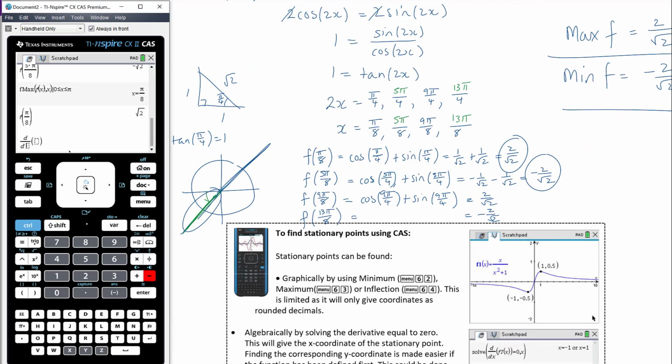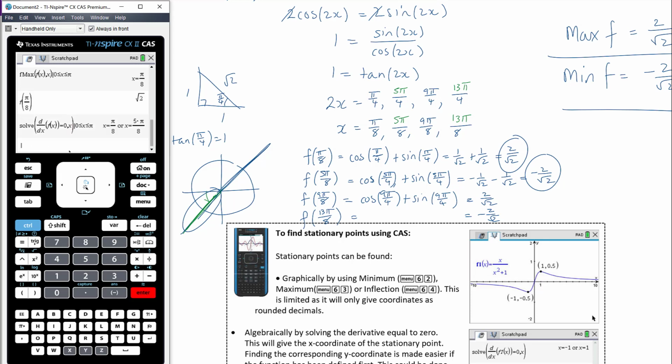Alternatively, solving the derivative of f of x equal to 0 over the first period of a periodic function. So when x is between 0 and pi, comma x in my solve function.